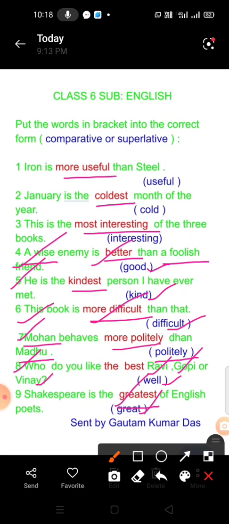Okay, comparative sentence, how will you recognize a comparative sentence? In the sentence you will see than: more useful than, better than, taller than, bigger than, smaller than. Comparative degree for small: smaller, smallest; big, bigger, biggest; tall, taller, tallest; cold, colder, coldest.